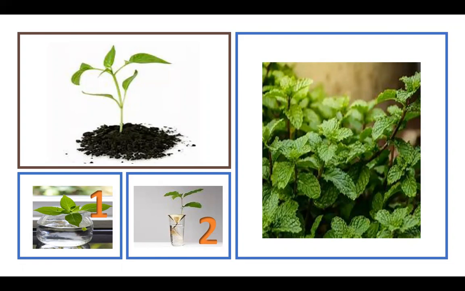Now you can take this small plant and plant it in the soil, and then you will get a new plant. You can do the same with lettuce. You can take the leaves or the stem, place them in water, then they will grow into new plants.